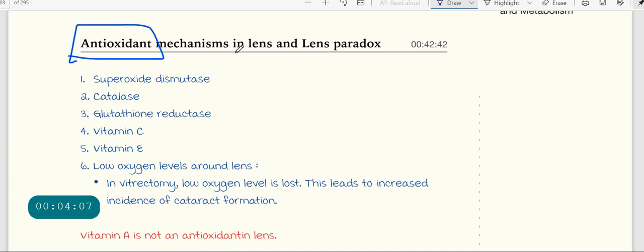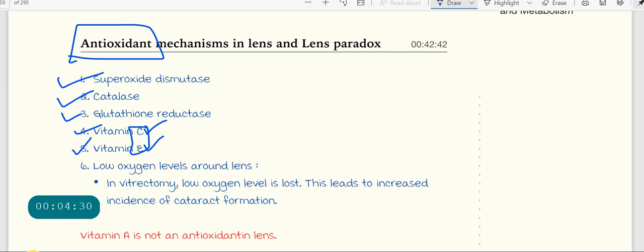What are the antioxidants which you can see in the lens? These are superoxide dismutase, the first one. Then comes catalase, then glutathione reductase, vitamin C and E, very important. Remember, the vitamins are C and E for antioxidant purpose in the lens, not A.